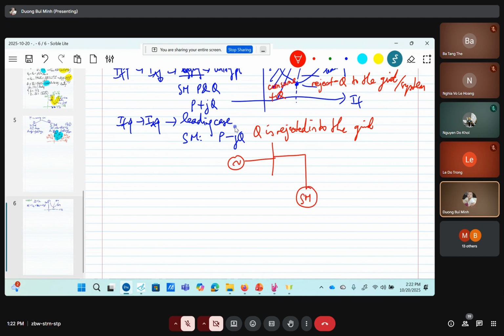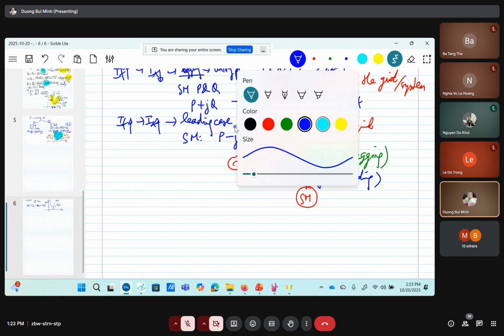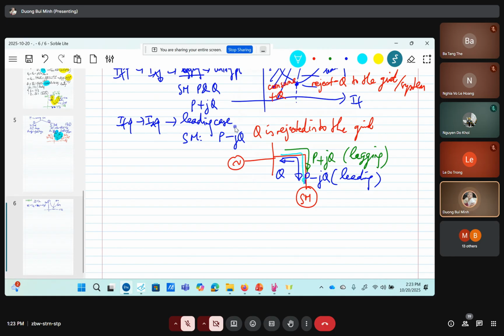If we have lagging, the synchronous motor will consume P and Q. For leading, the synchronous motor will consume P but reject Q. That means Q will come back to the power system, so you get minus Q. If we have unity, we only have P and no Q, because the power factor is 1. Q is 0, so we only consume P.